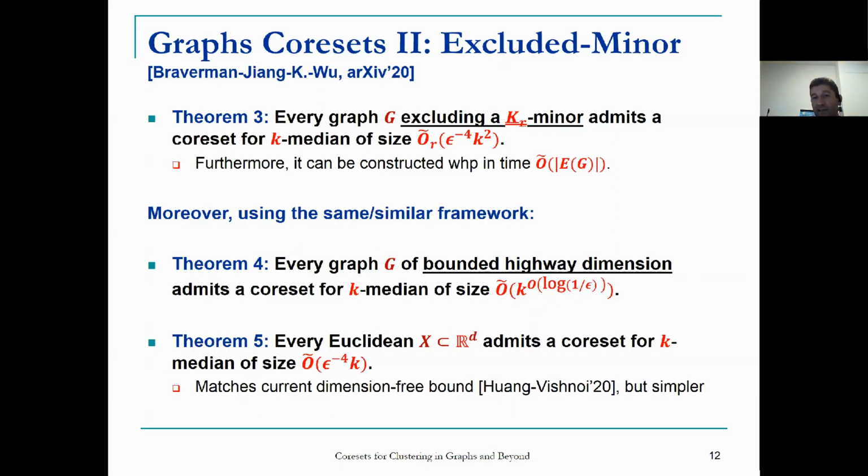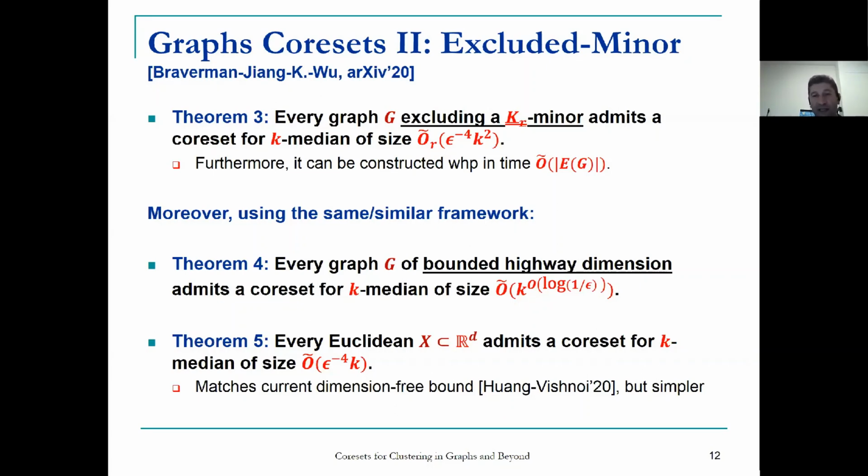And this matches the result from Stock 2020. It's independent of the dimension, so it's dimension free. I think our proof is simpler than theirs, and I'll tell you about this. And it's really satisfying that by looking at a different model of graph metrics, we came up with a framework that is very nice, very efficient, very useful.